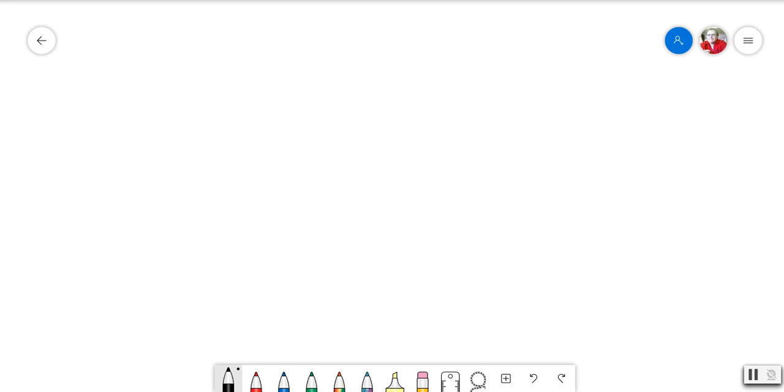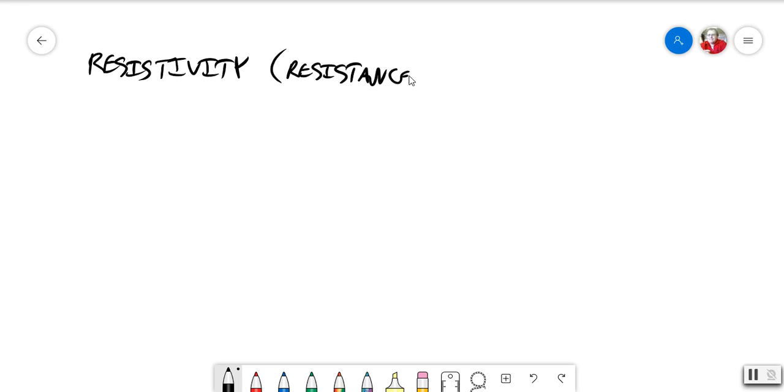All right. So what we're going to do now is turn over to page 525 in the packet. You have something called resistivity or resistance. If a river or a stream is just flowing along, it flows along.